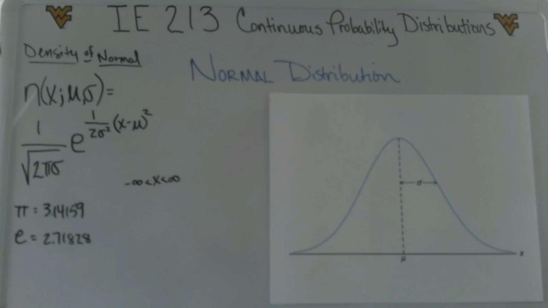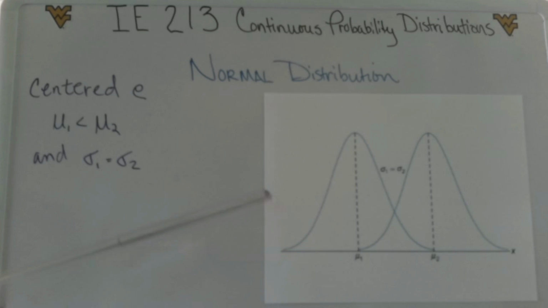So random variable x, mean mu, and sigma standard deviation. Once mu, the mean, and sigma, the standard deviation, are specified, the normal curve is completely determined.